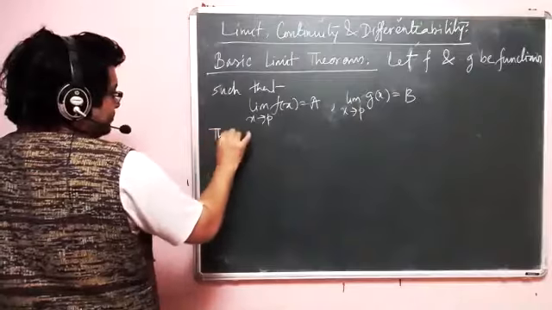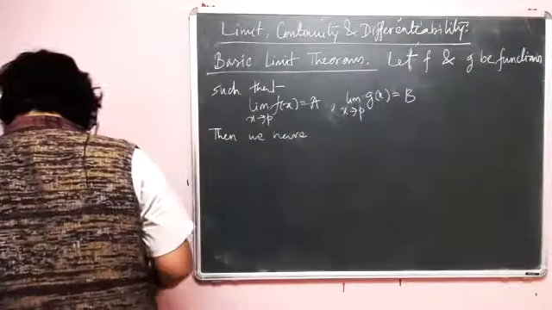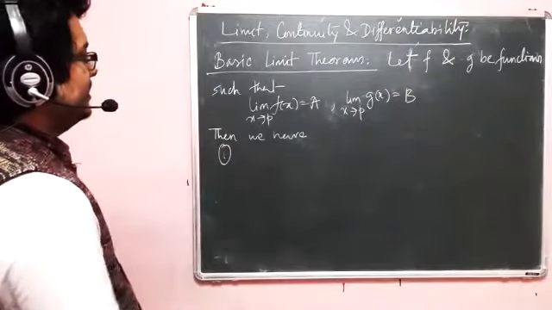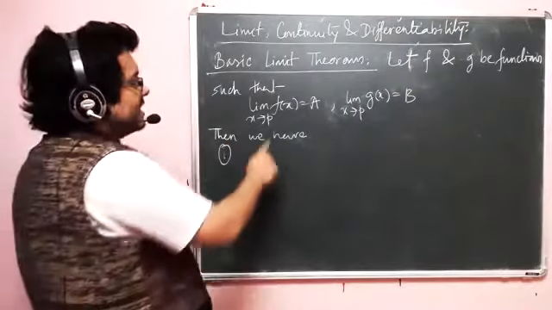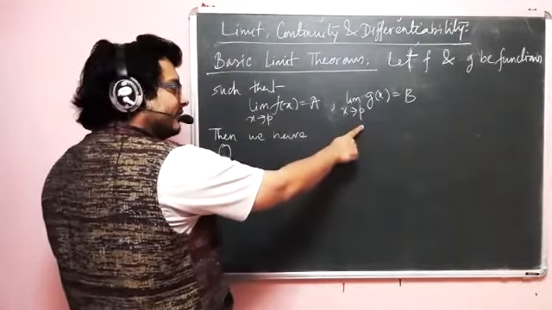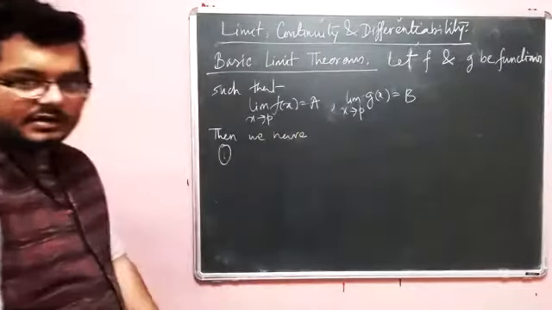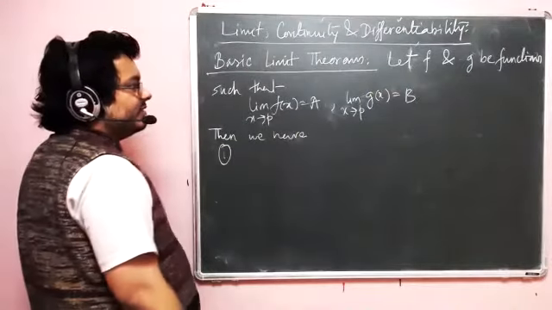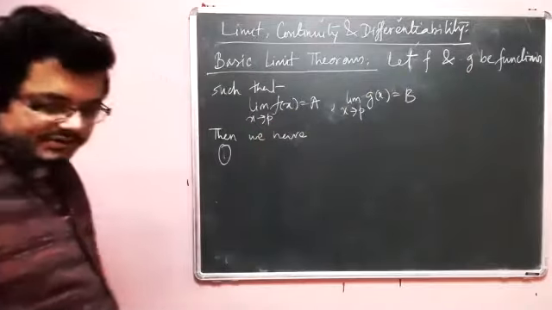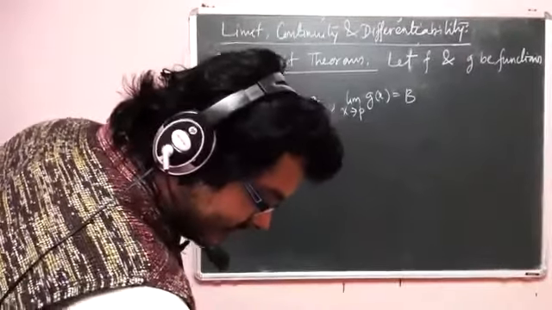Then we have, so before taking a look at what we have, let's make a note of the fact that the points around which I am finding the limit are identical, although the values are obviously different because the functions are different. So the limit of the function is around a point, and that point is p in both cases. This is important because without that, the limit theorems will not really work.